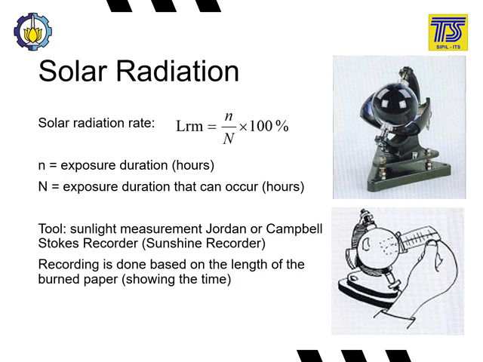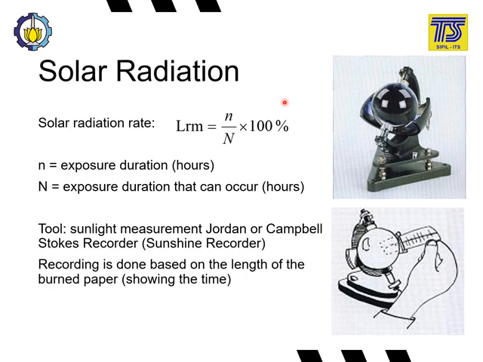Solar radiation. For measuring the solar radiation rate, you can use this equation: LRM equals n per N times 100%. Here the small n is the exposure duration, and the big N is the exposure duration that can occur.